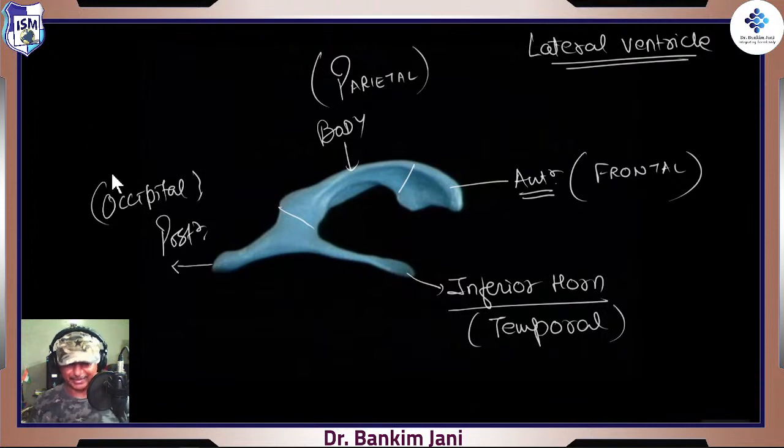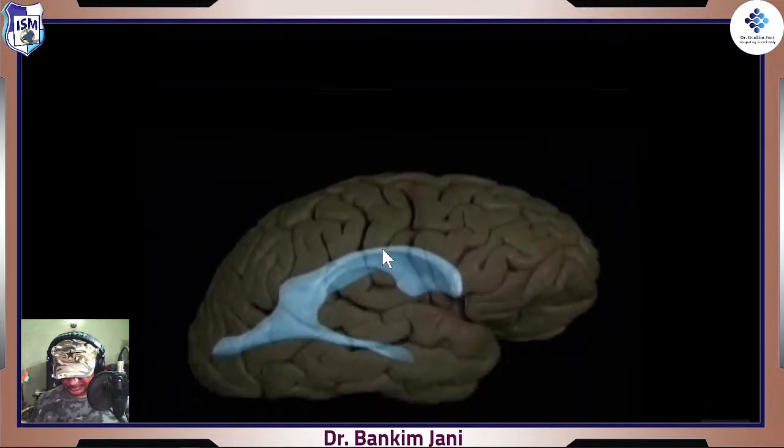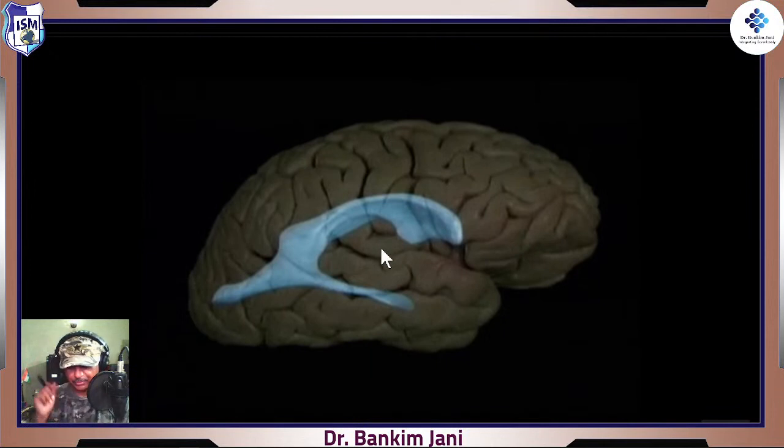And it is on both the sides. So see, when we project it on, now it is so good, right? So this is frontal, this body is in parietal, right? This tail is in occipital, that is the posterior horn, and this inferior horn is in temporal. Perfect, right? So that's how it is distributed.